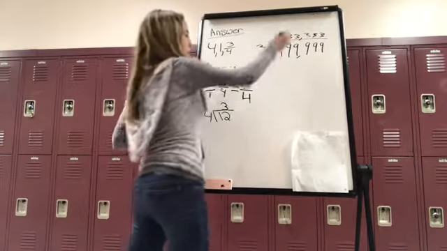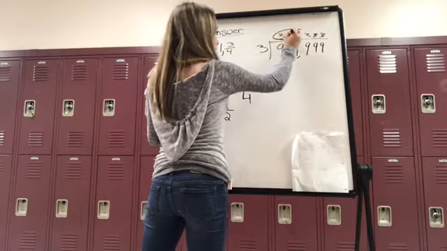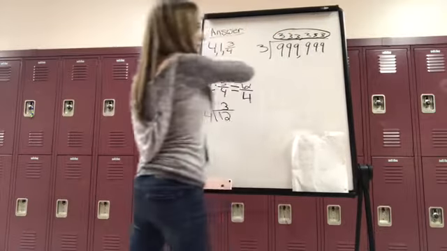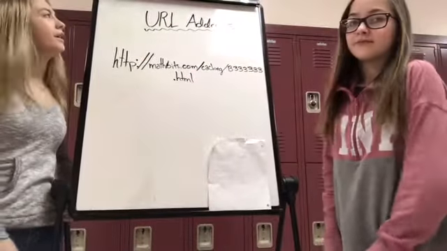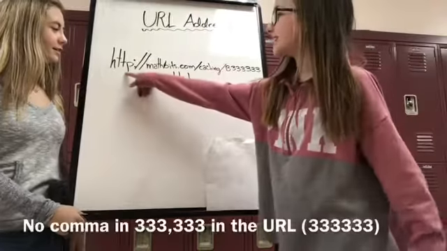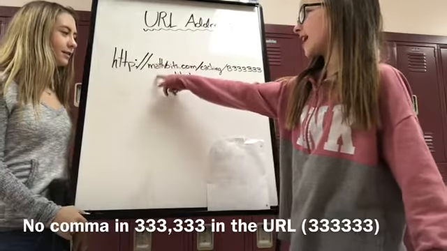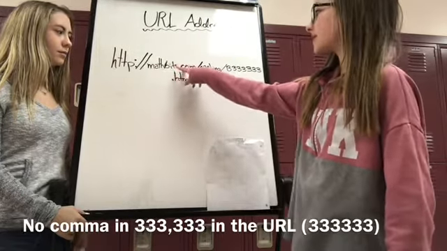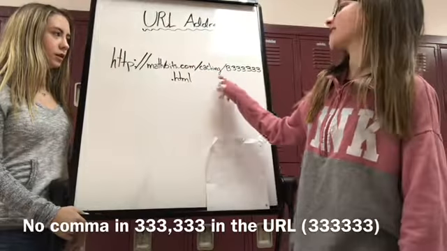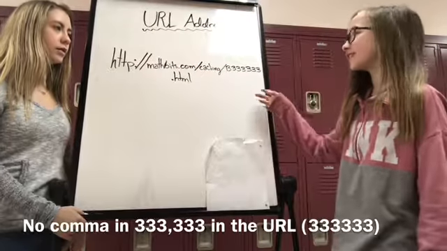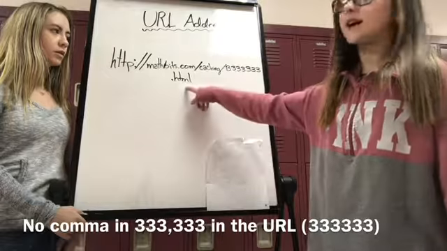So your answer is going to be 333,333. And the final URL address is http://mathbits.com/caching/b333,333.html.